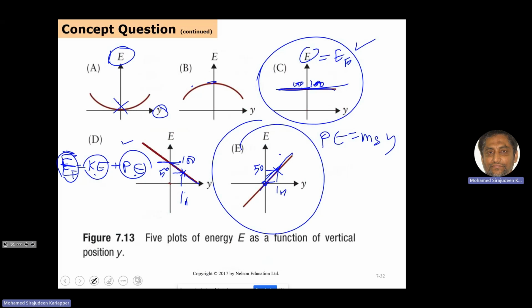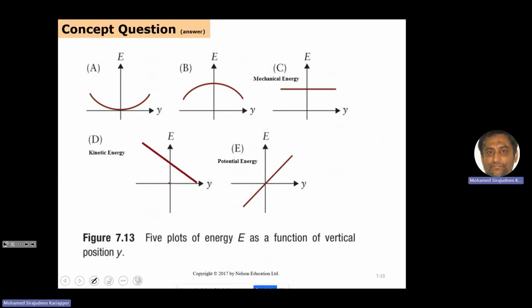When you decrease the y, potential energy will become negative and kinetic energy will become more than 50. The other way around, when potential energy increases, kinetic energy will decrease, so as to keep the total energy constant. Right, so here's the answer.